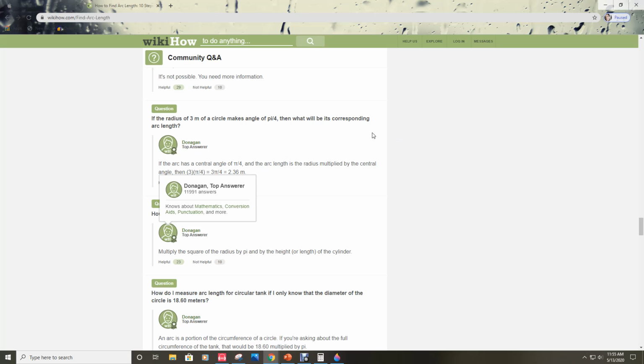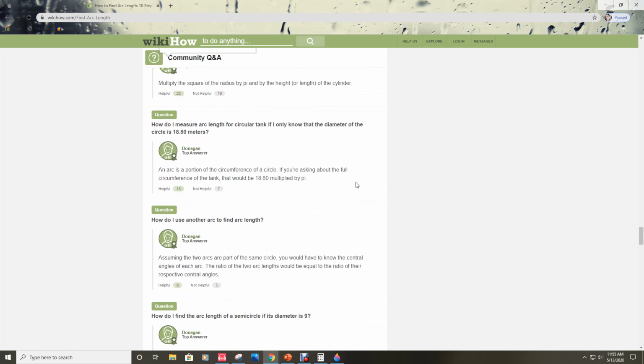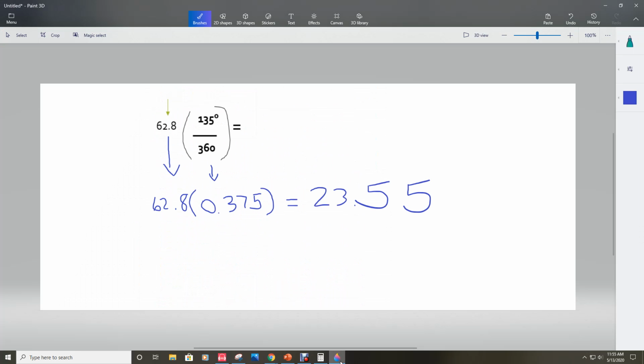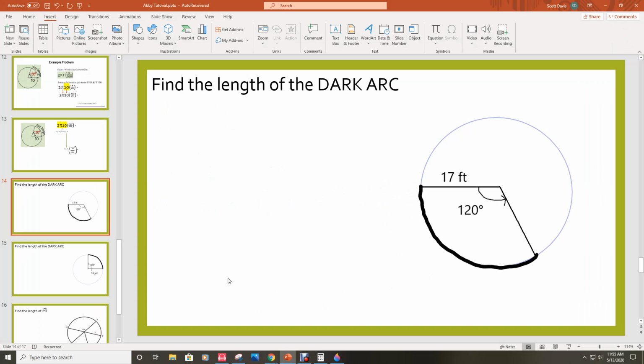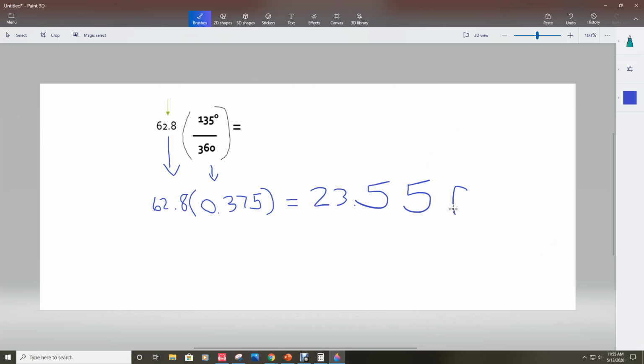Like I see this one here talking about meters. Pay attention to what unit of length they give you, because that's part of your answer. Sometimes in those online courses, if you don't include whatever unit they gave you, like feet in your example here, then it might be considered wrong. So you have to be very careful about that.